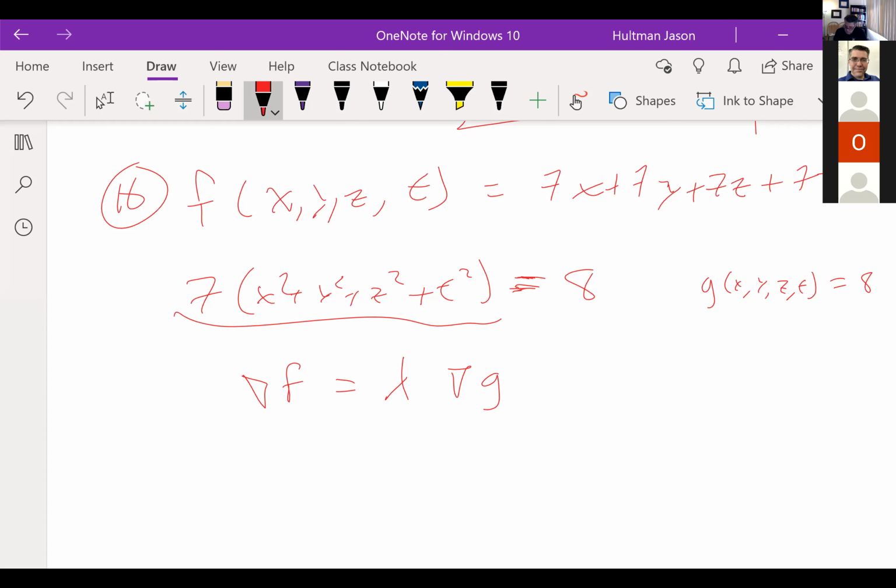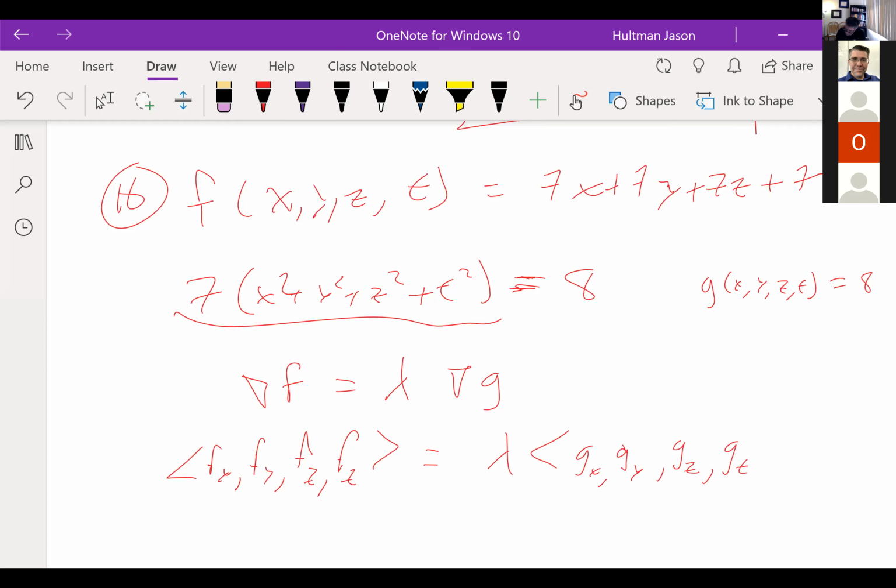So this thing is my g. What's the gradient of f? That's just going to be f sub x, f sub y, f sub z, f sub t. And this is going to be lambda times g sub x, g sub y, g sub z, and g sub t.